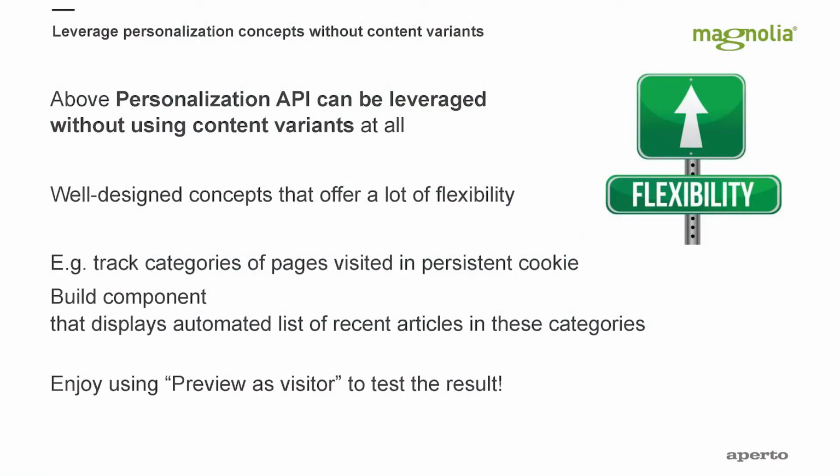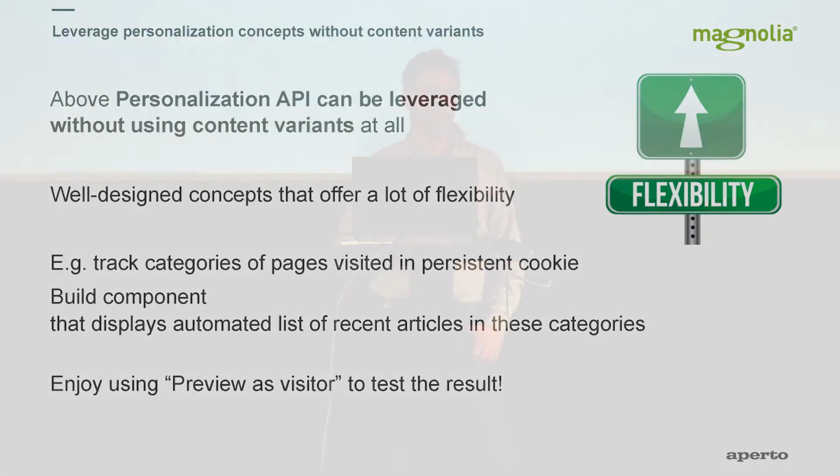And what makes this even more interesting from my point of view is that you cannot use it only for page variants, but you can do a lot more things with it. And I think these concepts are very well designed because they give a lot of flexibility to implement your own use cases. So for example, you could track the user, and you can in particular track the categories that he was so far visiting on your site by using a persistent cookie.